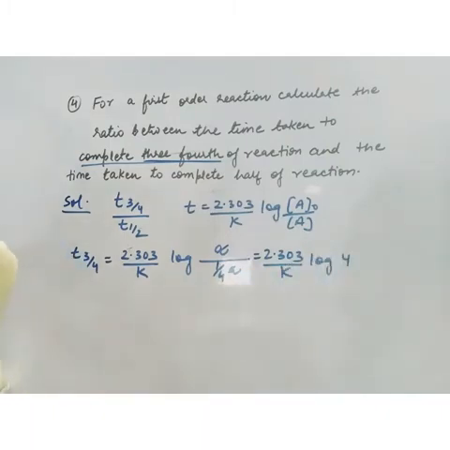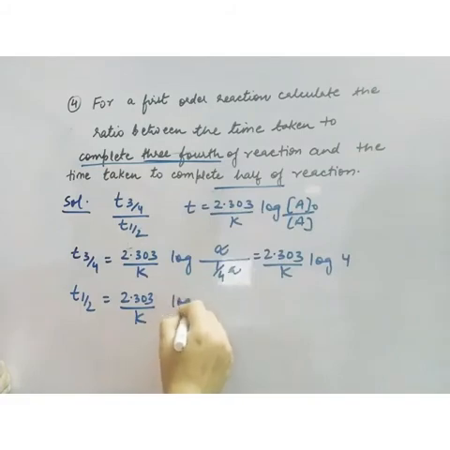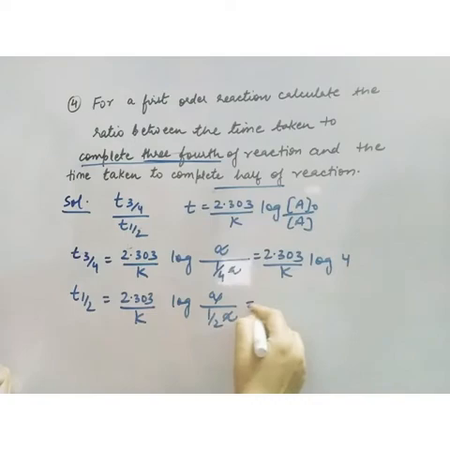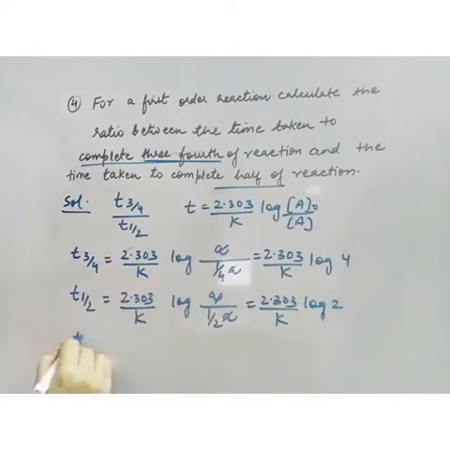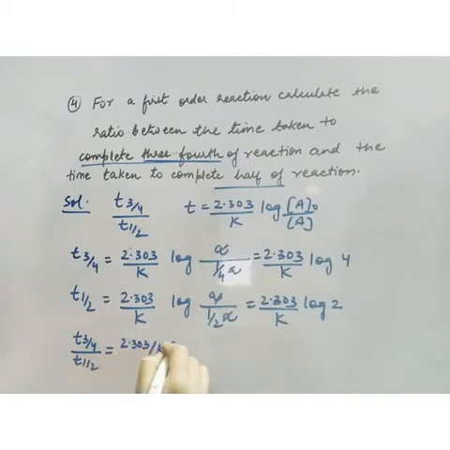Okay, I am not solving it because we have to take the ratio. And likewise, if the reaction is half complete, it will be like this. If it is half complete, then half is remaining. So it is 2.303 upon K log of 2. Now take the ratio. This will be cancelled.